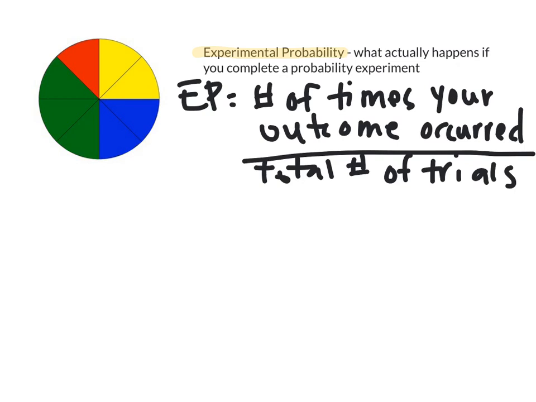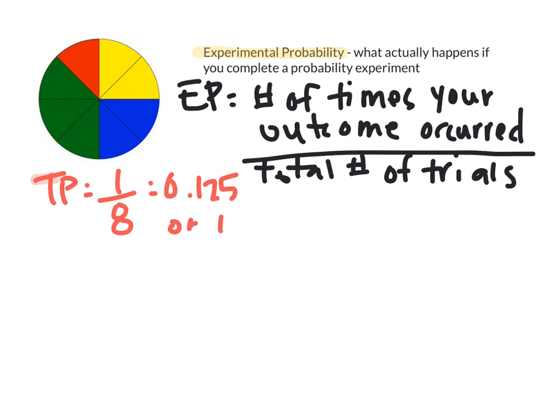So if you think about this spinner problem, we had the theoretical probability of spinning red as 1 out of 8. And that was 0.125 or 12.5%.